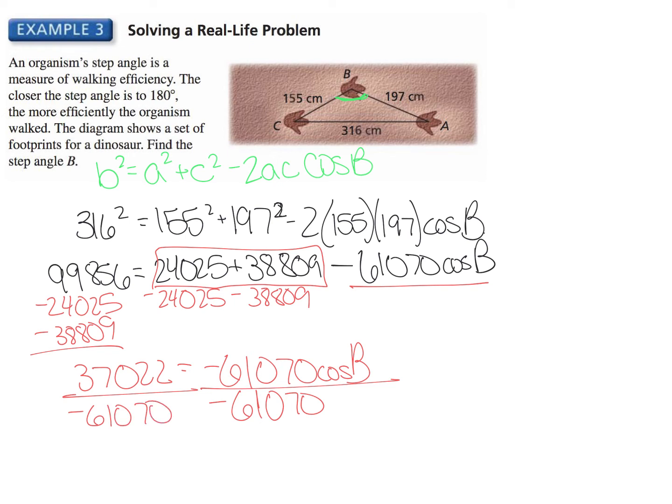And that is negative 0.606, so we'll round it to 0.61 equals cosine B. Then we need to go ahead and take the inverse cosine of negative 0.61, and that gives us 127.59, but we're going to round it to 127.6.